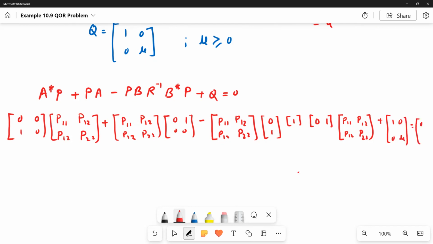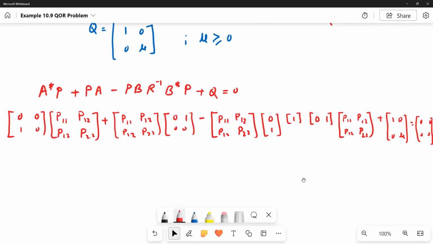So basically, all other components are to be 0. Okay, so now we have to solve this one ultimately, and then we have to figure out the equations. And based on those equations, we have to figure out the values of P11, P12, and P22.